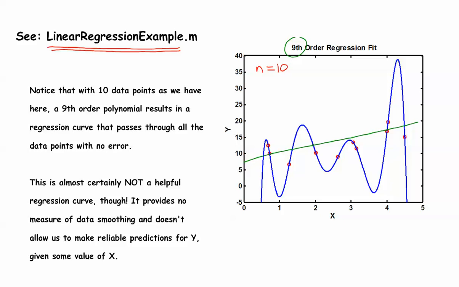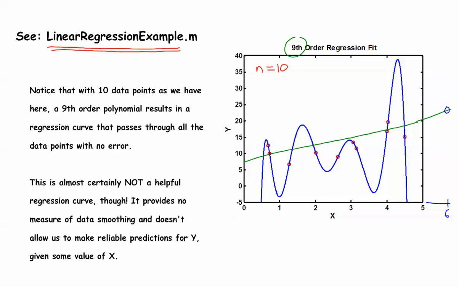So, for example, I might be interested in extending this curve out past my data. My green curve could allow me to get at least a reasonable estimate. If x is, for example, 6, a reasonable estimate for y will be up in this range, about 22, 23, something like that. Okay? According to the green linear regression curve.